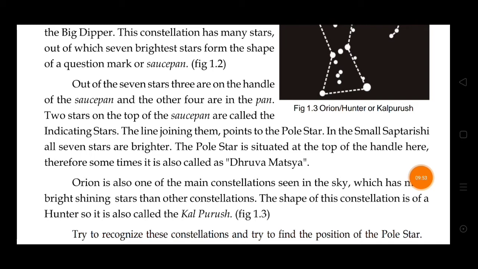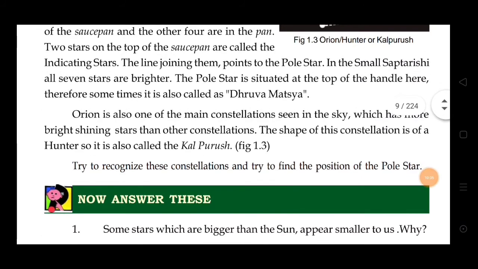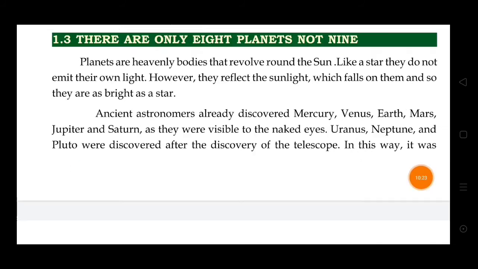The pole star is situated at the top of the handle here, therefore it is sometimes also called Dhruv Matsya. Orion is also one of the main constellations seen in the sky, which has more brightly shining stars than other constellations. The shape of this constellation is of a hunter, so it is called the Kal Purush.